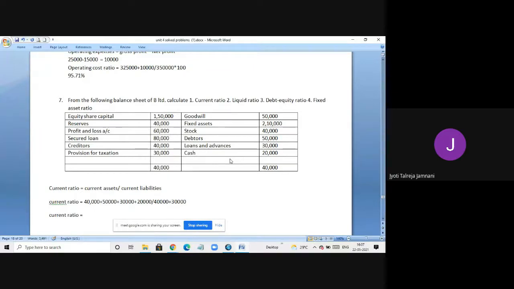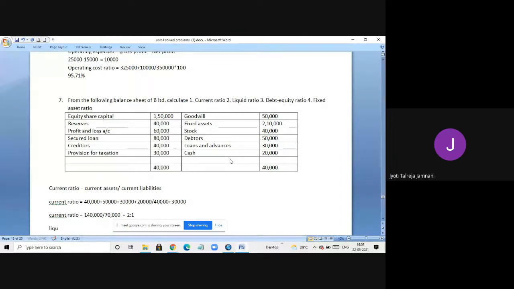Current ratio is equal to the total current assets, 1 lakh 40, divided by 70. 1 lakh 40 divided by 70, I think we get 2. 2:1 is the current ratio.